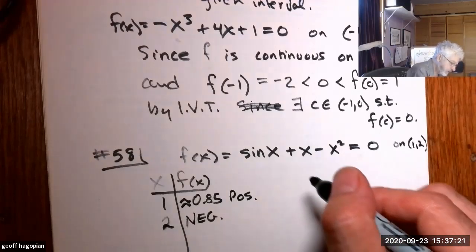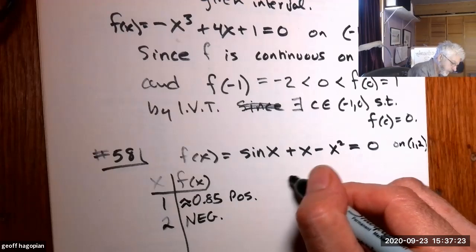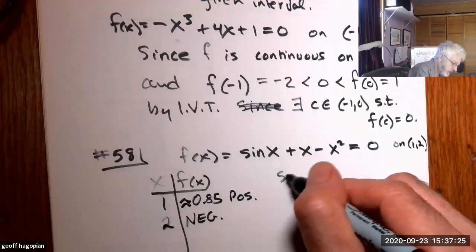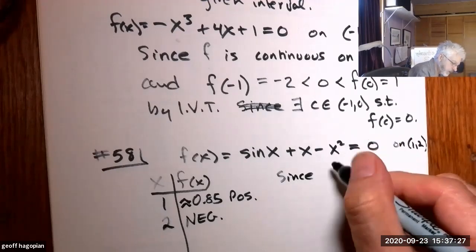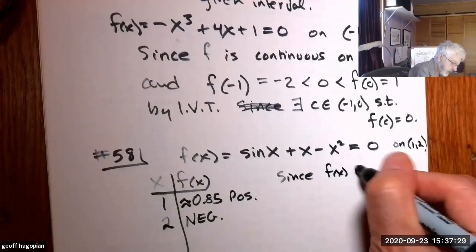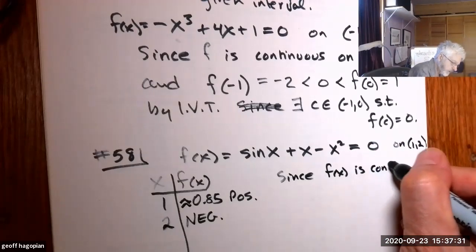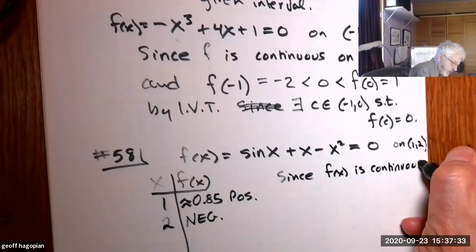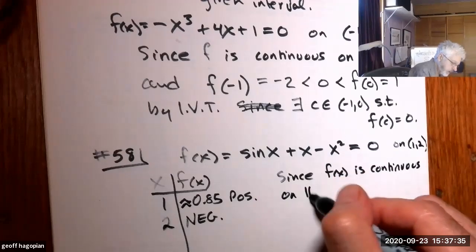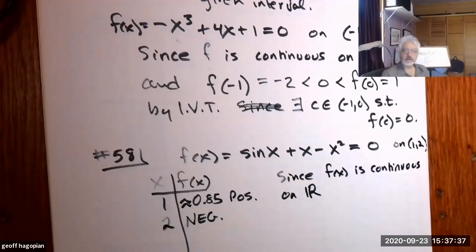So 0 is, since we have to establish the premise, f of x is continuous on the set of real numbers. Why? Well, it's a sum or difference of continuous functions: a polynomial and the sine function, which is continuous everywhere. So a sum of continuous functions is continuous.